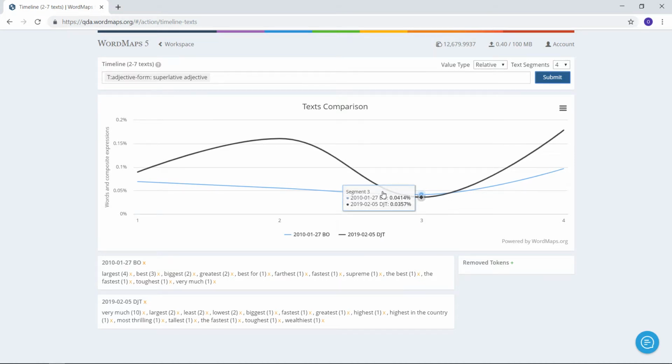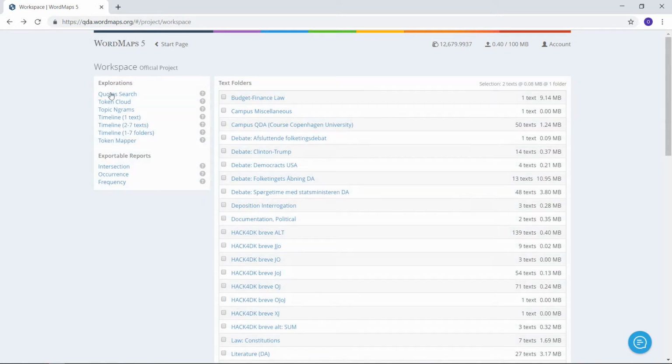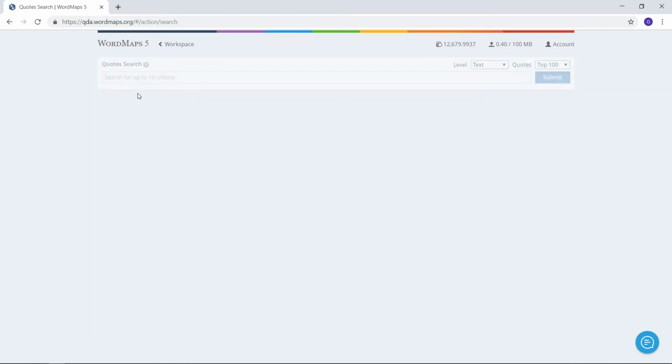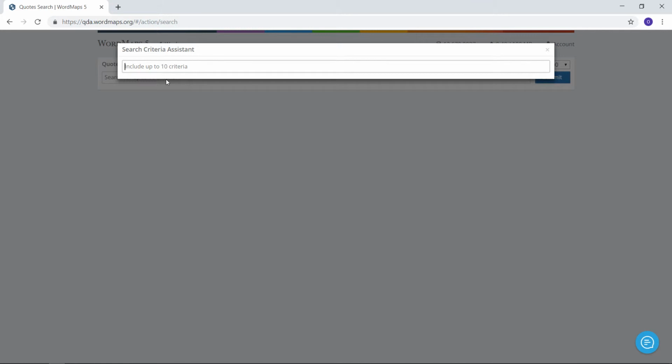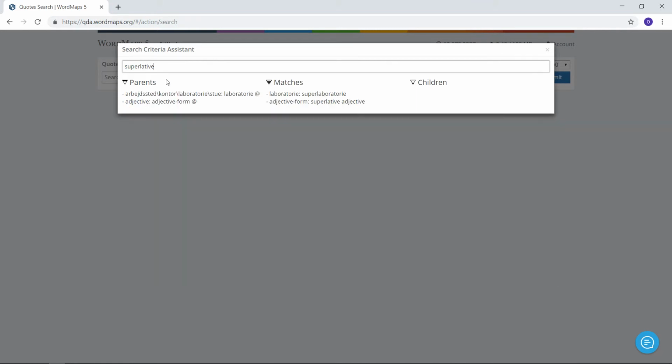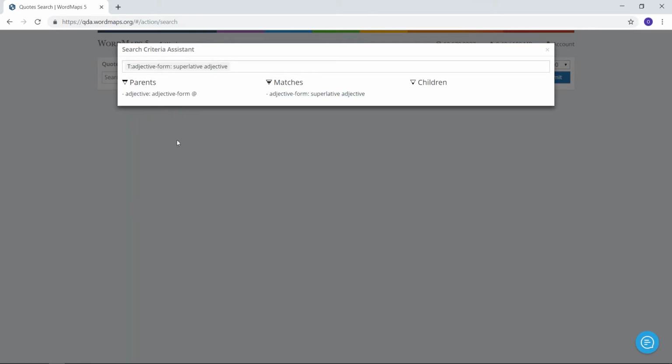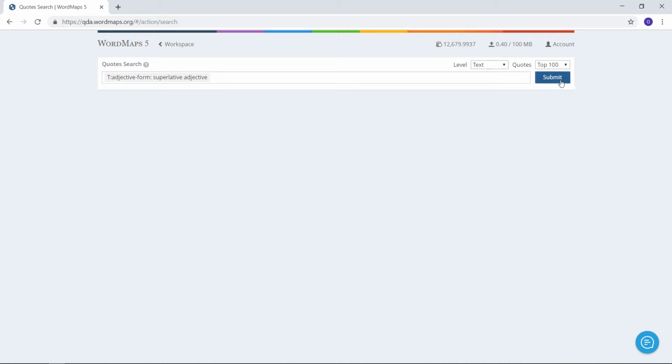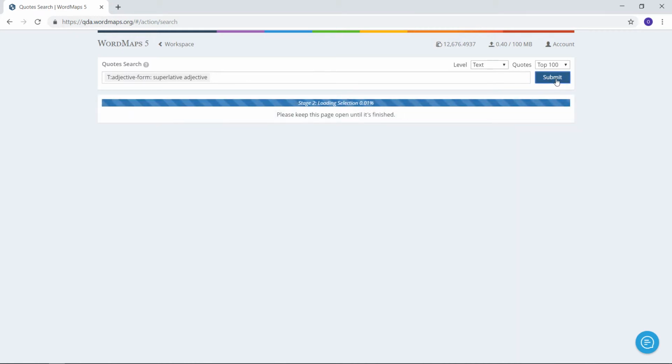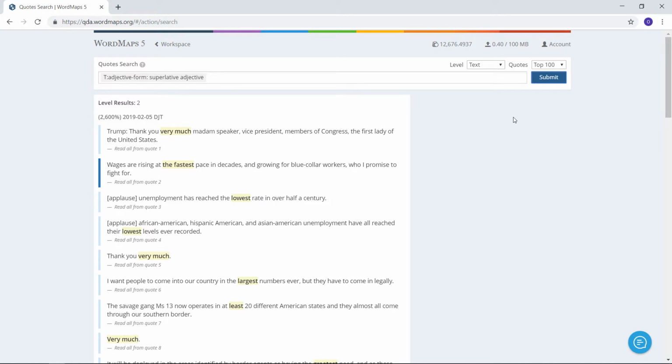We can also do this in a different way. We can go out and see some quotes. So we'll have a quote search, and we'll have superlative. And we now are going to get quotes from both texts, and we have them here.